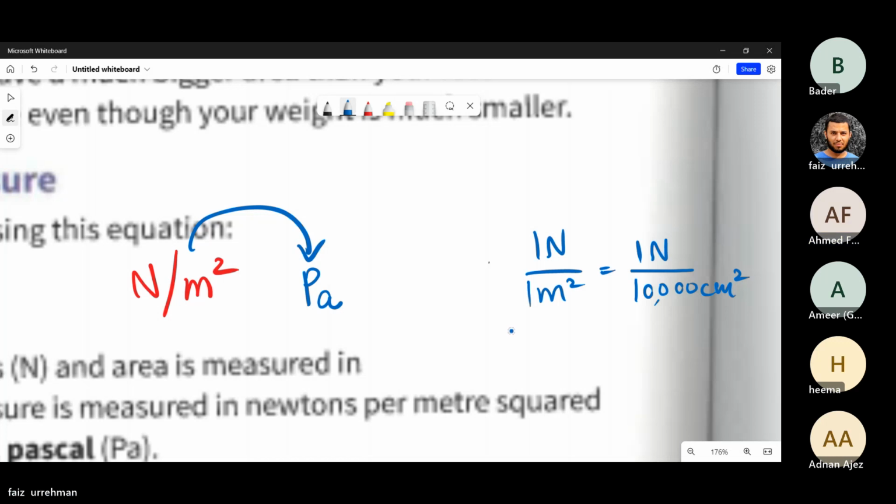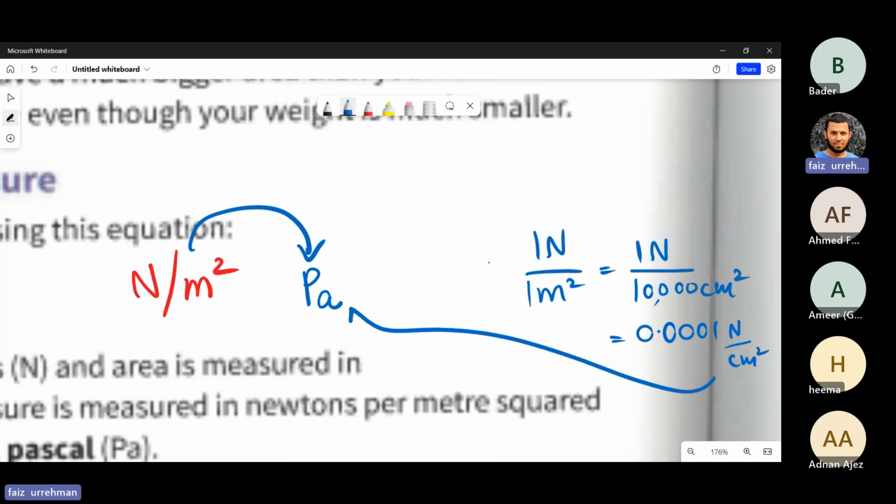So 1 divided by 10,000 will be 0.0001 Newton per centimeter square. This is the comparison that you are asking.